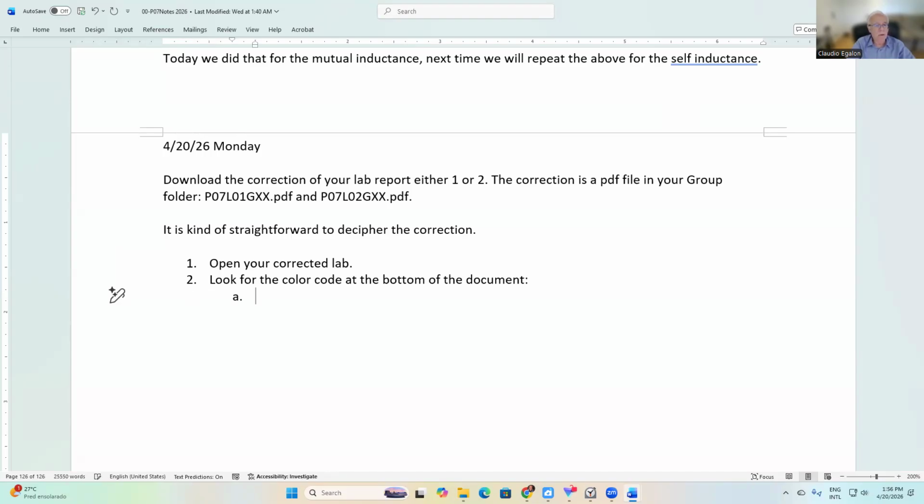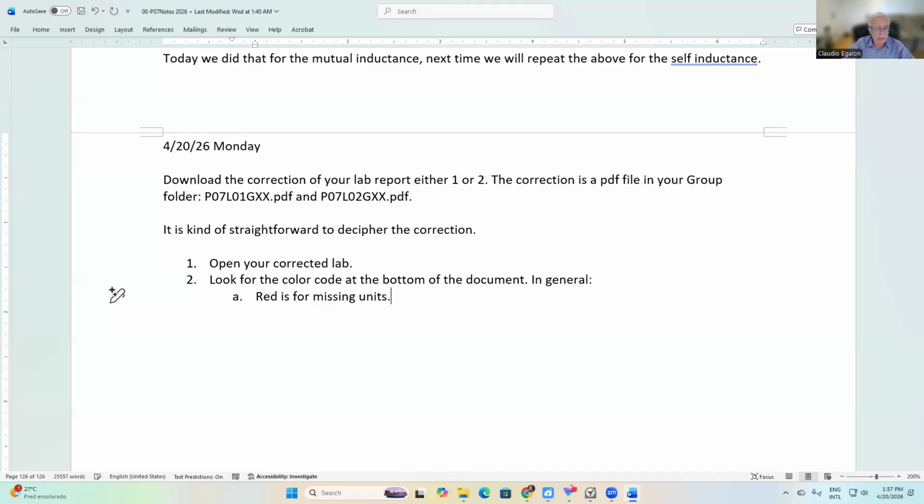What are the color codes? Here you go. In general, sometimes I vary the color code, but in general, let's put it this way. Red is for units, for missing units.